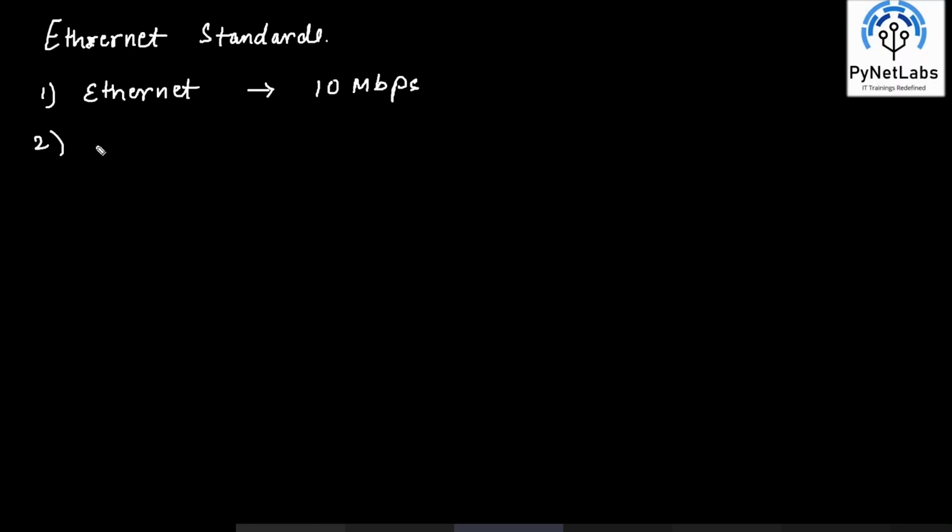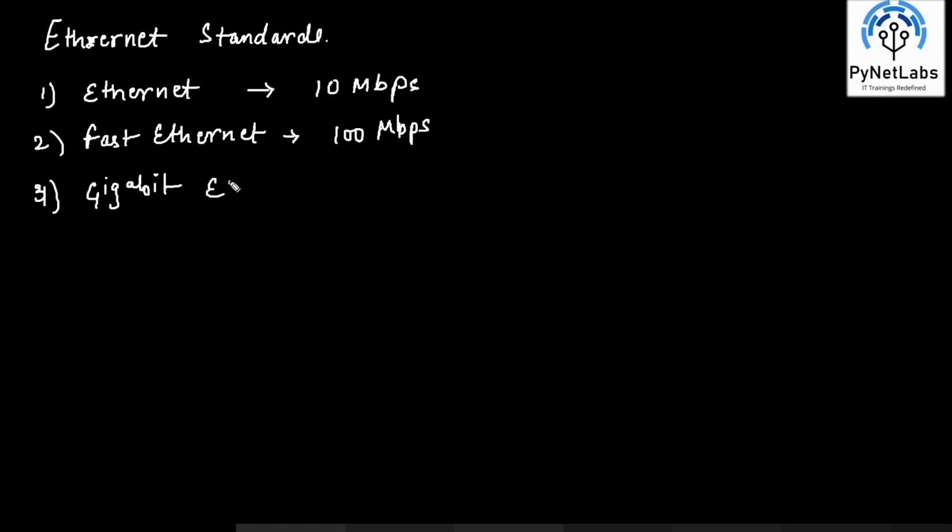Then we have Fast Ethernet with 100 Mbps of speed. Then the third one is Gigabit Ethernet with 1 Gbps of speed.